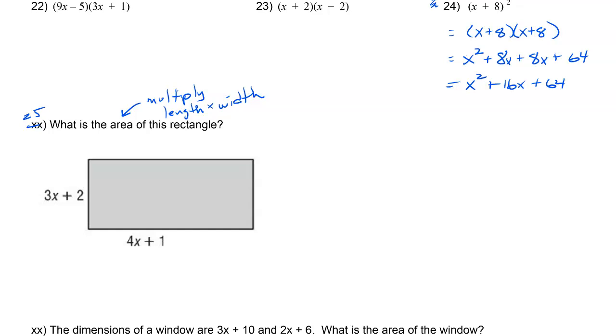So for this problem, the area would be 3x plus 2 times 4x plus 1. And then I'll just multiply this part out because Sydney basically did the hard part of this problem, which was knowing what to do with it. So 3x times 4x would be 12x squared. 3x times 1 would be 3x. 2 times 4x would be 8x. 2 times 1 would be 2.